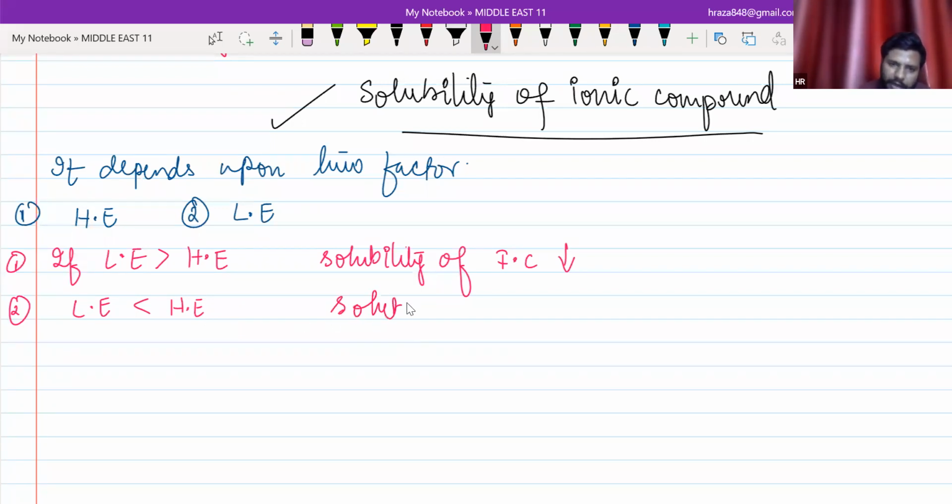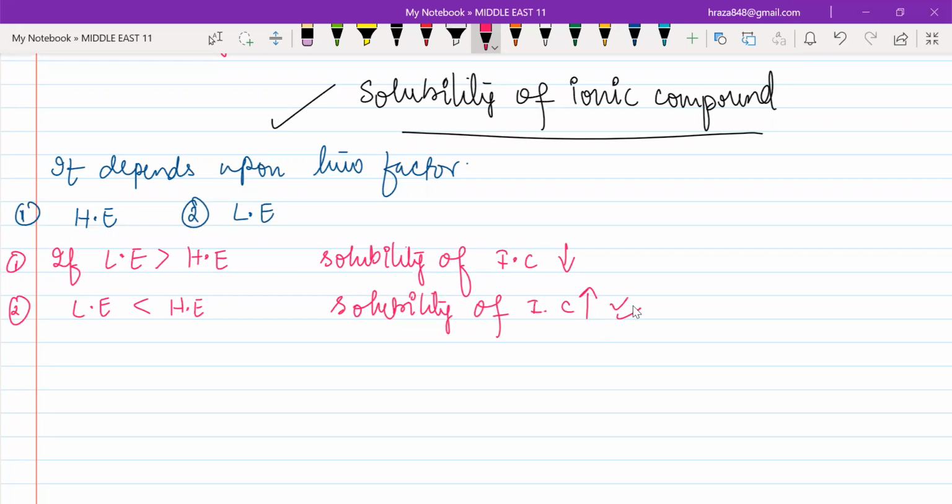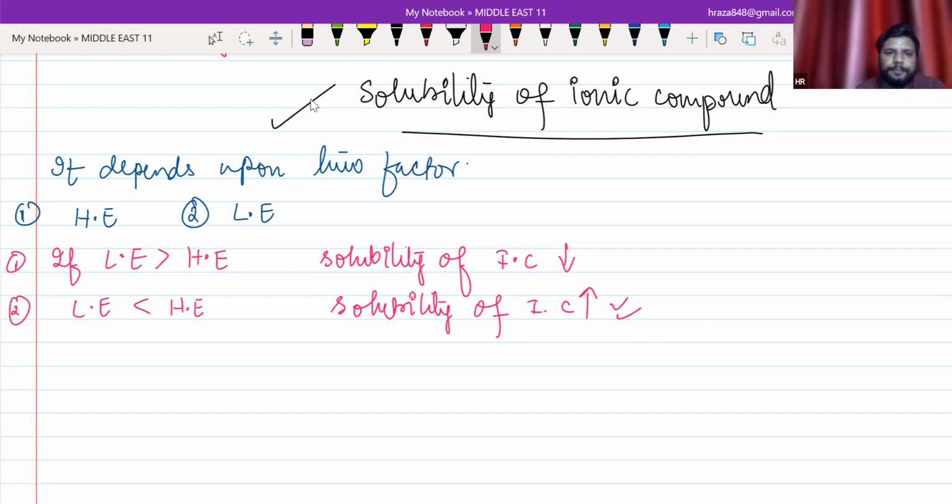That means the solubility of the ionic compound increases. Is that clear? Yes, sir. Just write it. Done, sir. Very good.